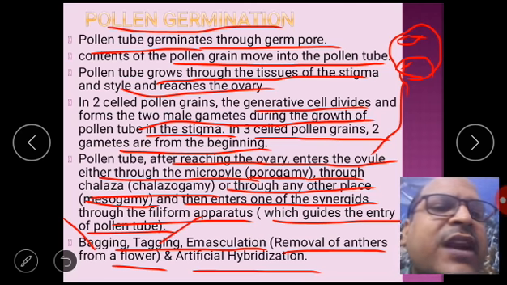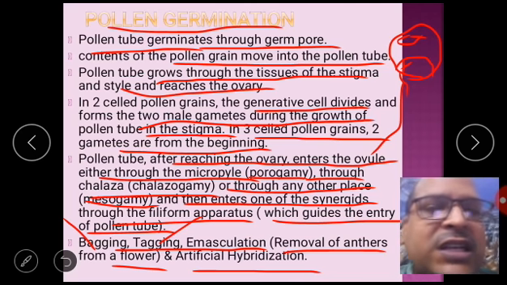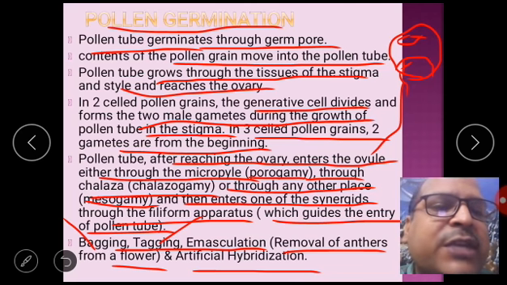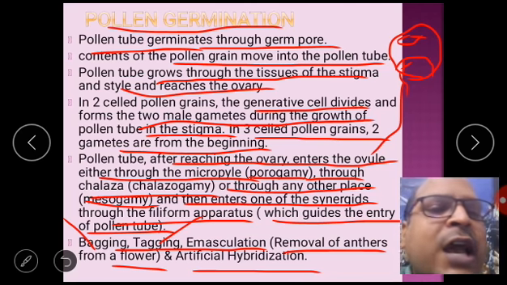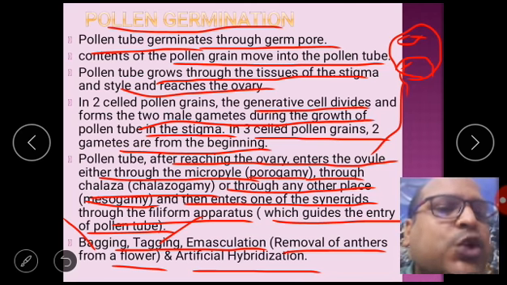Tagging means we write the name of the breeder, that is, the name of the scientist who is doing this, or if you are doing it, you put your name, and the date, a particular date, should be mentioned, and also the purpose. Experiment number and observation number can also be mentioned. Now, why did you do it? Because you want this flower to undergo cross pollination.